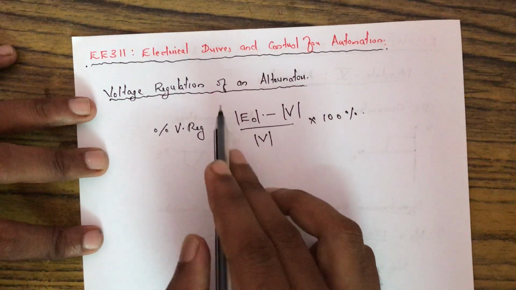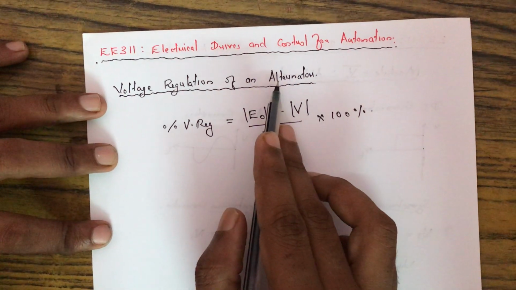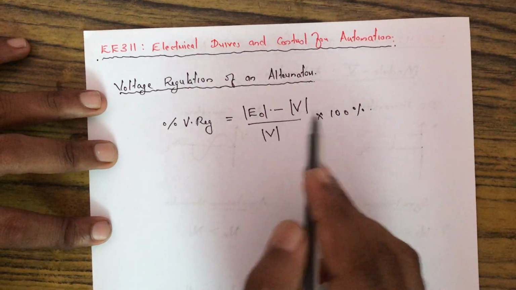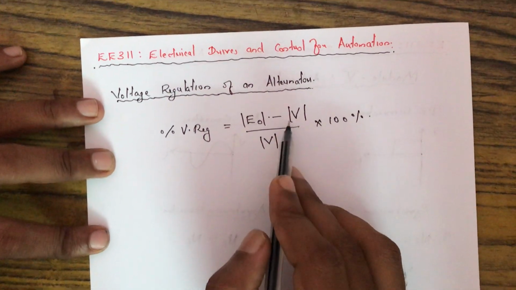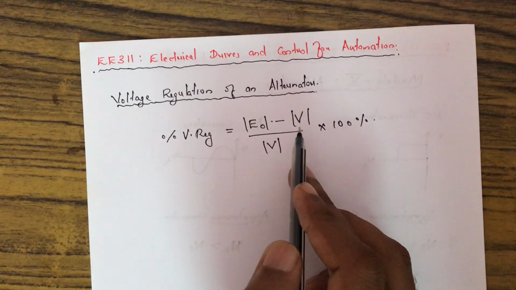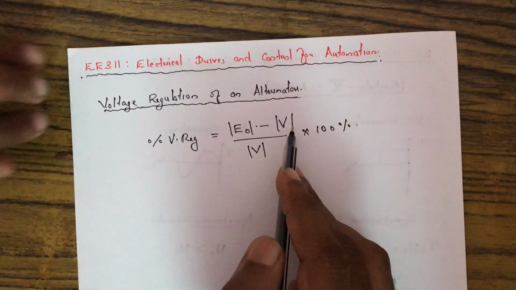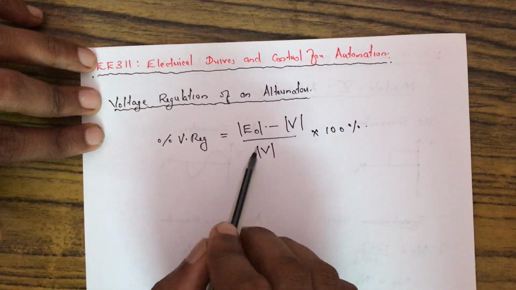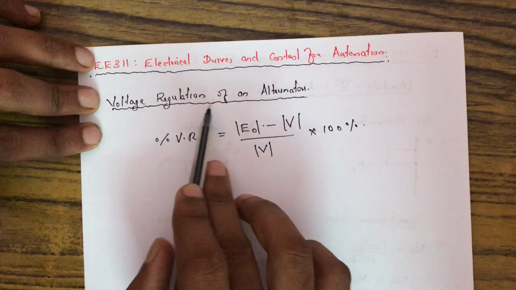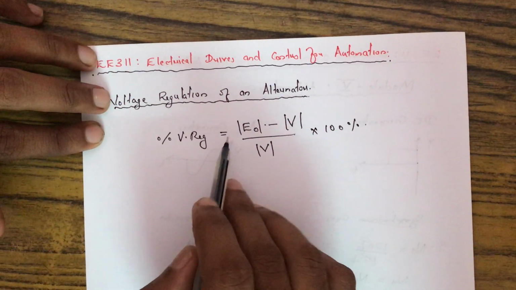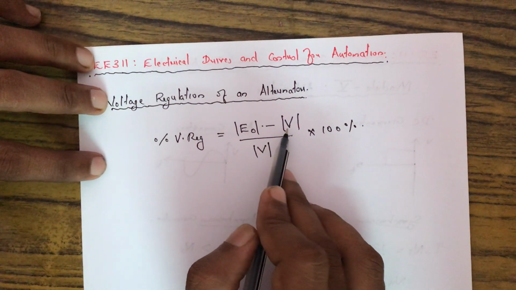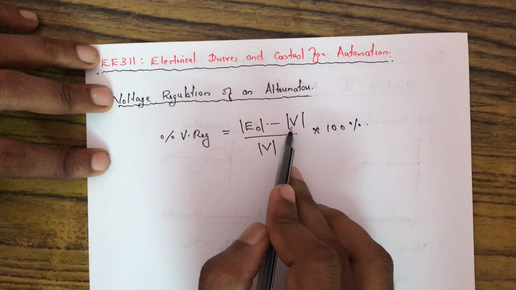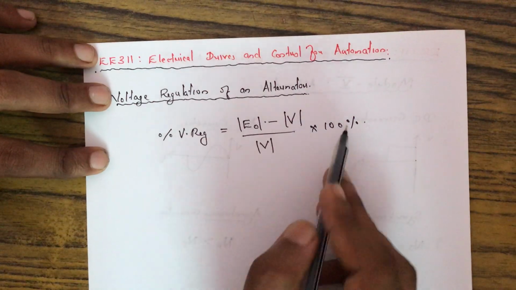If it is a perfect alternator, there should not be any variation in the terminal voltage when the load is thrown off, but there will be some variation. That variation we have to find by the method. That is known as the voltage regulation. It is the change in terminal voltage when the full load from an alternator is thrown off.